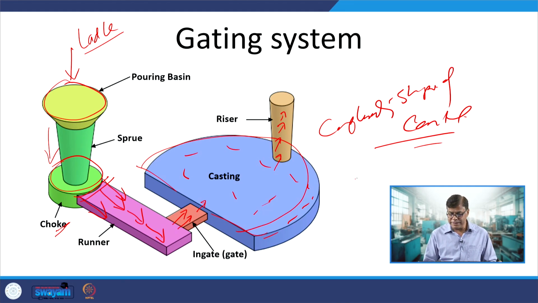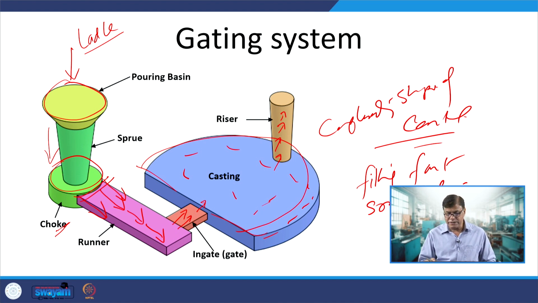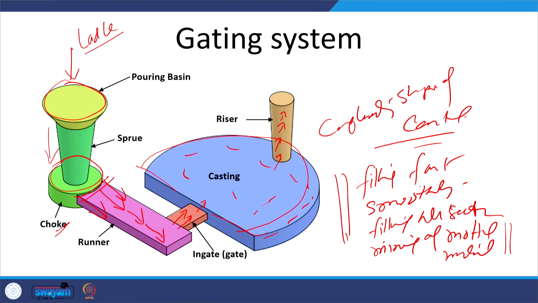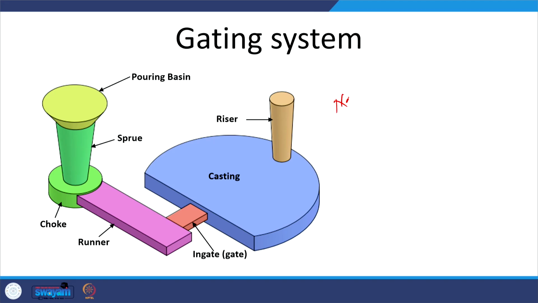That will help in filling the molten metal fast and smoothly, and starting the solidification as early as possible, almost at the same time in different zones, and filling all sections so that no unfilled section is left, and ensuring proper mixing of the molten metal coming from the different sides, different ingates, so that defects like cold shut or misrun can be minimized.